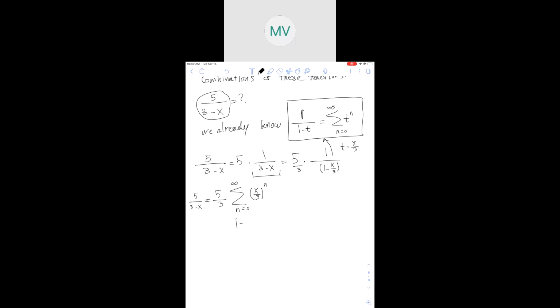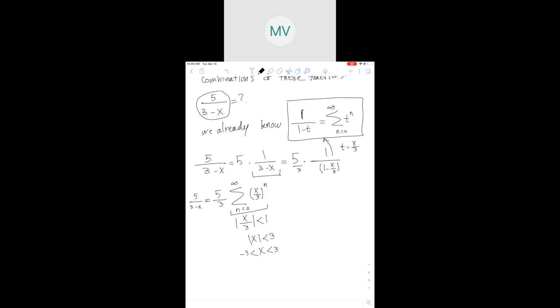And right away we can figure out the interval of convergence. Well, this is a geometric series with ratio x over 3, so that has to be strictly less than 1 in absolute value. That means the absolute value of x should be strictly less than 3, or x between -3 and 3.